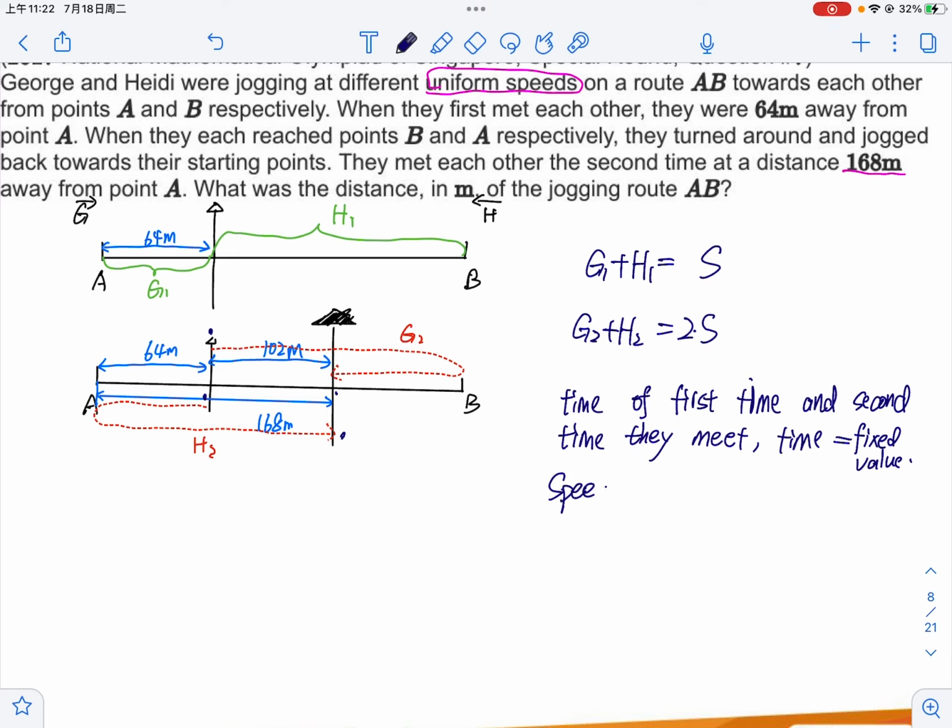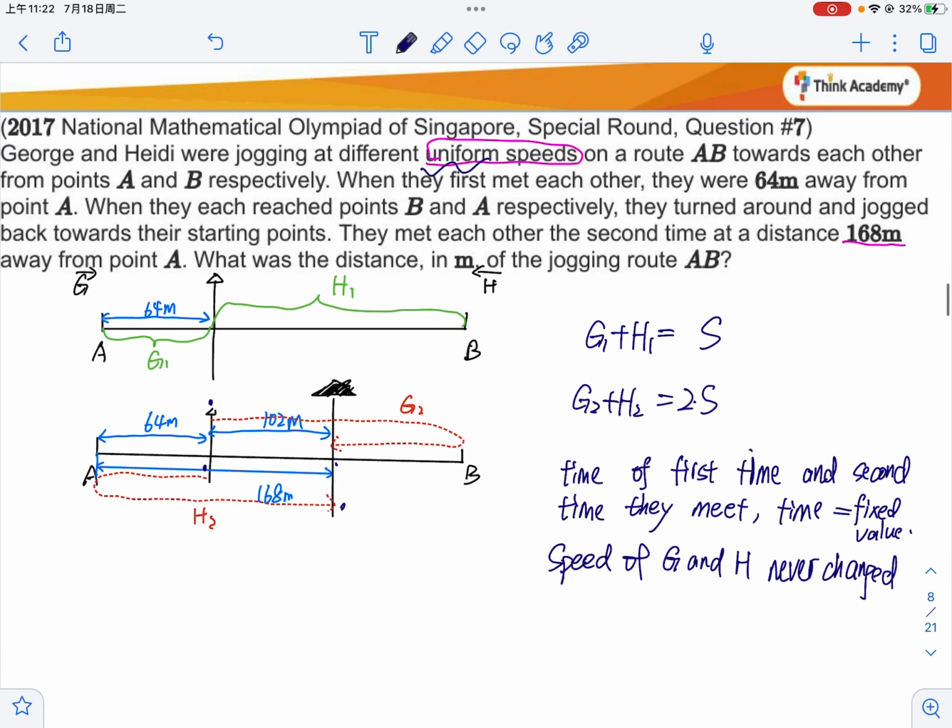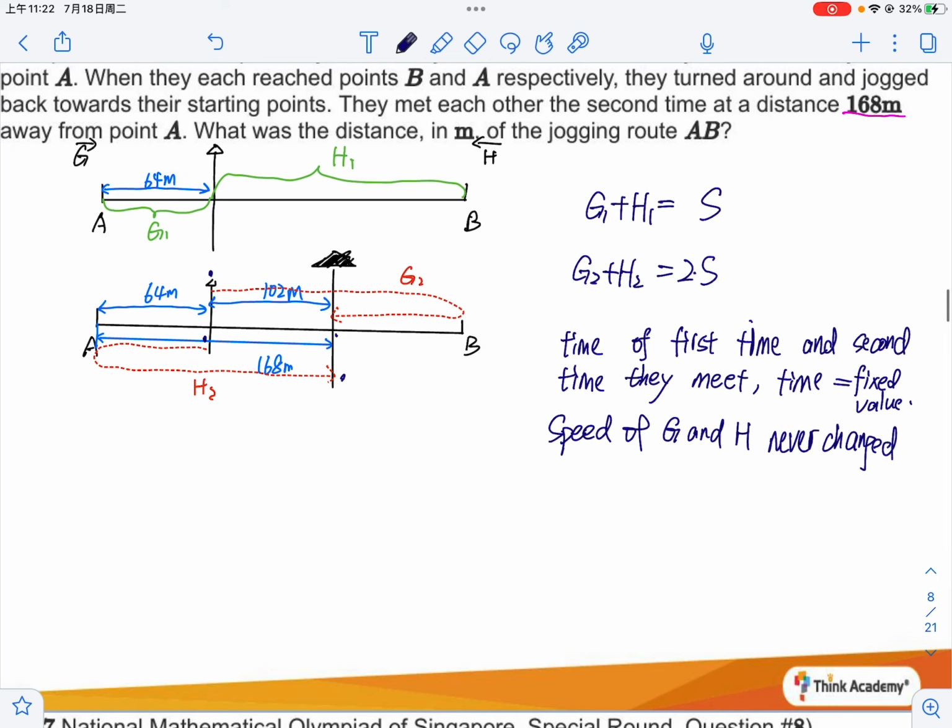The speed of G and H never changed, because it's a kind of uniform speed, right? So just answer me a question. For this time, G2 plus H2 is 2 times the total distance, and this time G1 plus H1 is just the total distance. So the ratio of the total distance is just the ratio of the distance each person, G and H, runs. So G1 equals 64 meters.